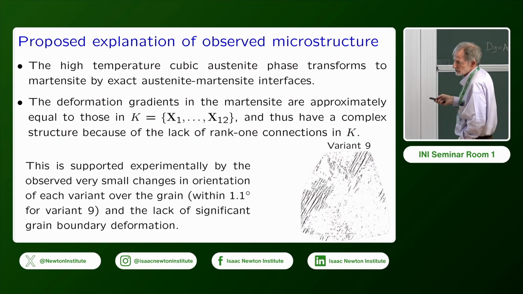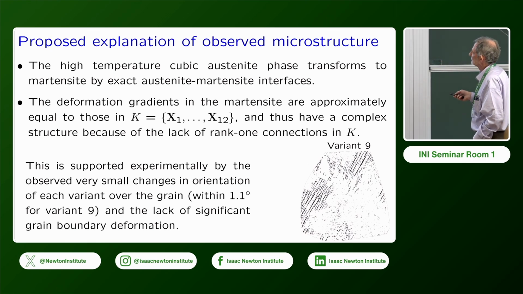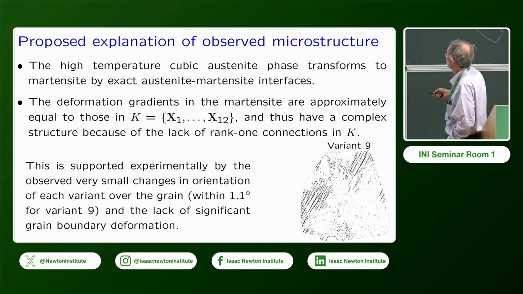This is supported experimentally by observed very small changes in orientation of each variant over the grain. So within a difference of 1.1 degrees, say for variant 9, the ninth variant more or less has the same orientation everywhere. Also the grain boundary is hardly deformed at all, experimentally.